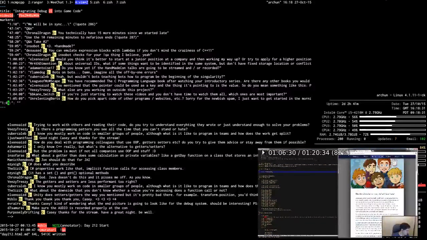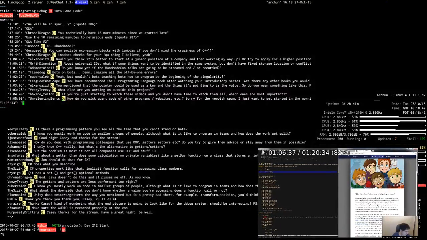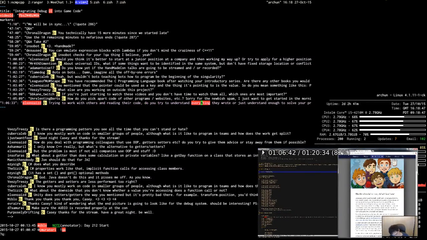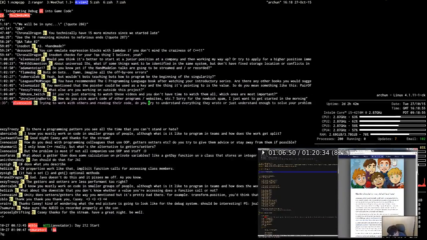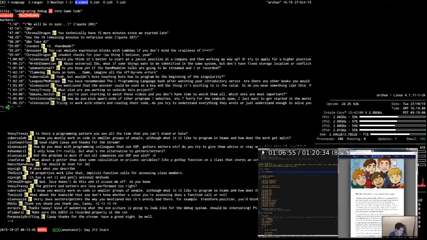Any other questions? When trying to work with others and reading their code, do you try to understand everything they wrote, or just enough to solve your problems? Well, it depends on the situation. I try to understand a fair bit, but with The Witness, for example, it's a large enough code base that I'm not really going to understand it all unless I work in it.